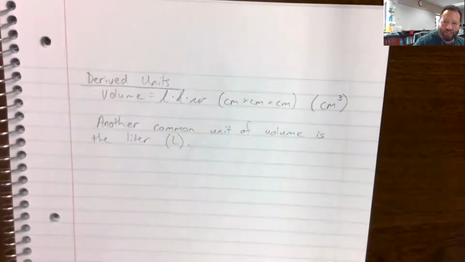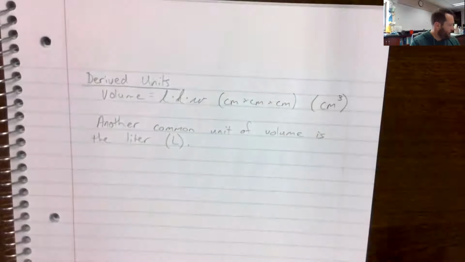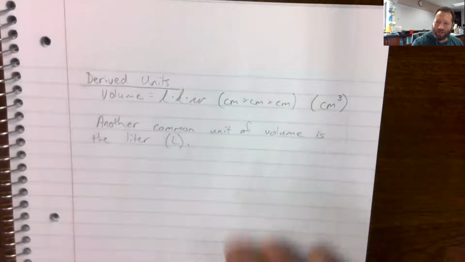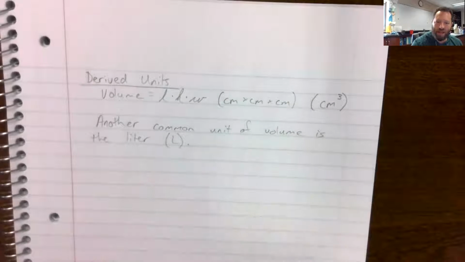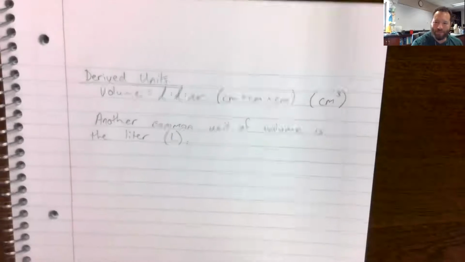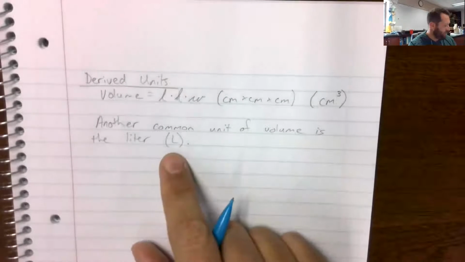And that is the liter. Even here in America, we do use this one. You oftentimes go to the store and buy a 2 liter of soda. So that's 2 liters of soda. So this is a common one. Again, I know over in Europe, they use this one a lot. Technically, cubic centimeters is the SI unit, but we'll use this one a lot as well.